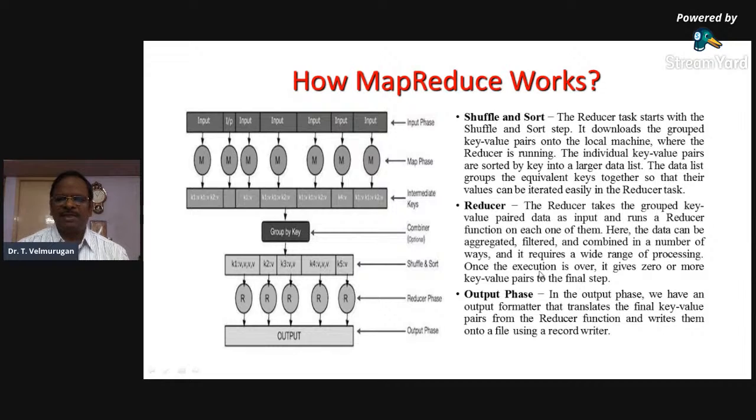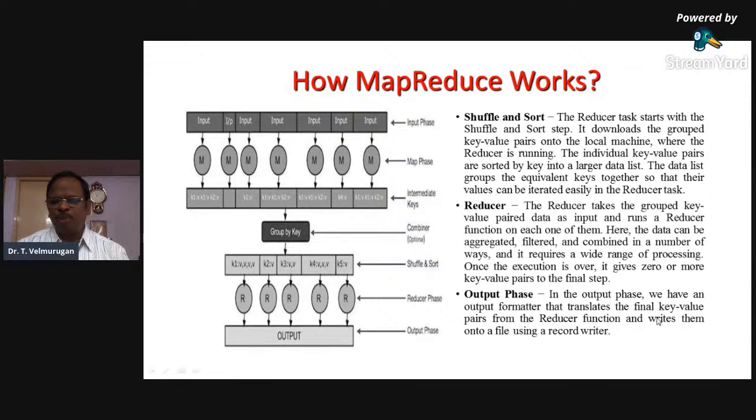The data produced by the mapper is aggregated, filtered and combined, and it requires a wide range of processing. Therefore, once the execution is over, it gives zero or more key value pairs to the final step. What is the output phase?